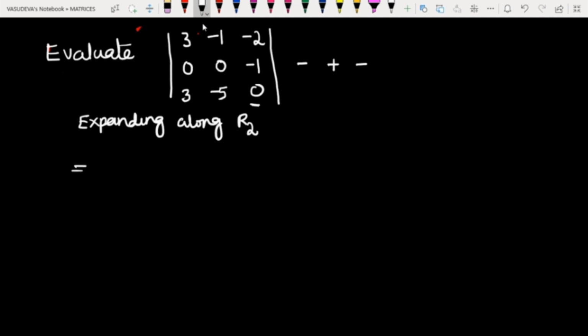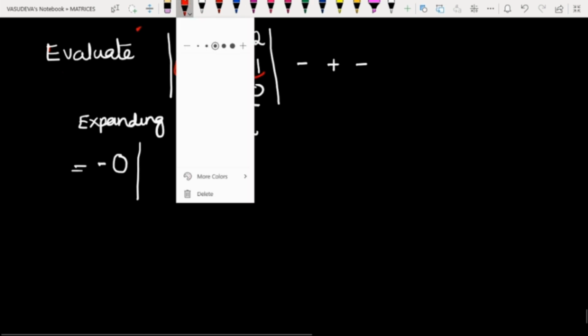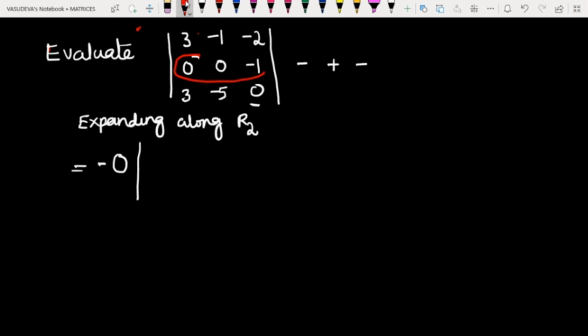You have to remember, now minus the element in the second row is 0. Now we have to take the determinant of the remaining elements, since 0 lies in the second row and the first column. Leaving those elements, that will be -1, -2, -5, 0.